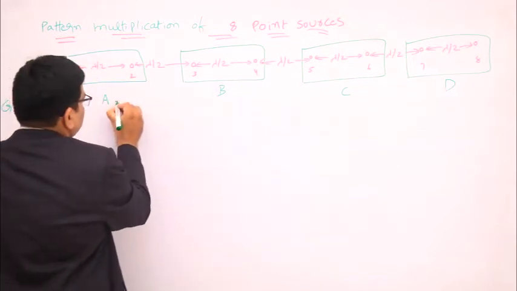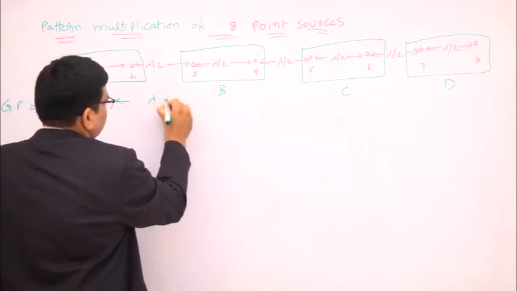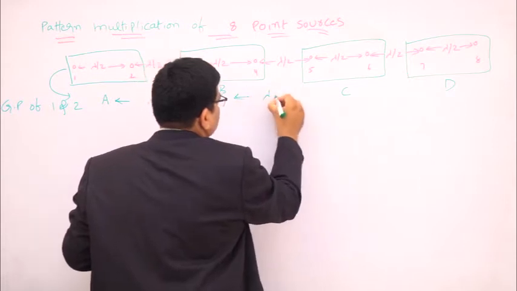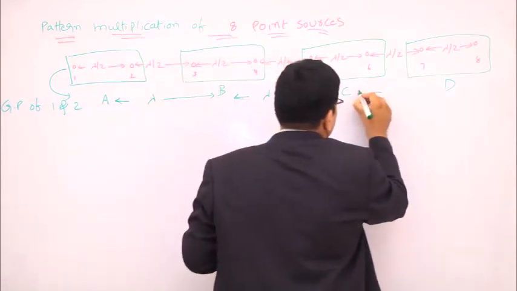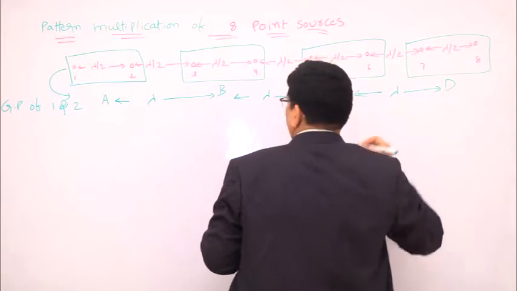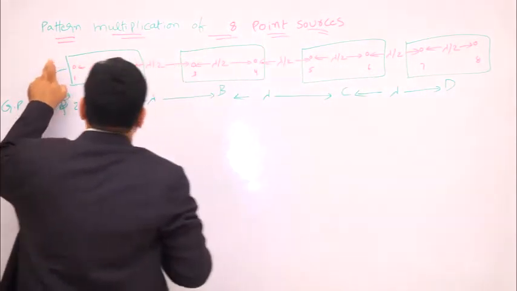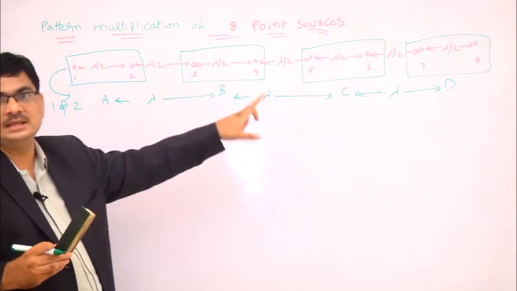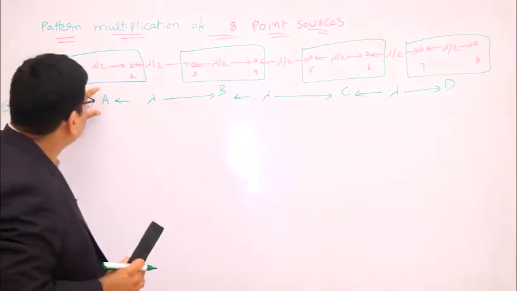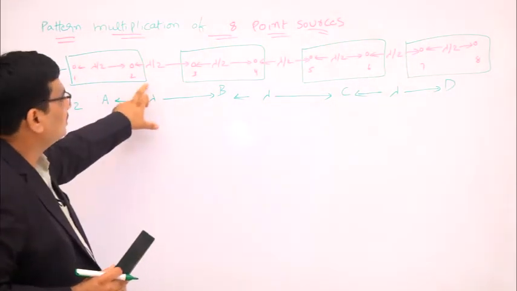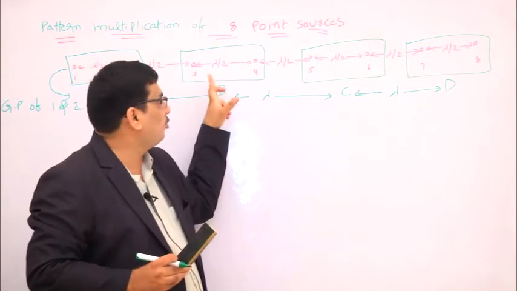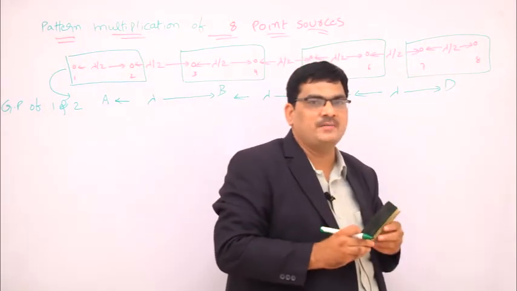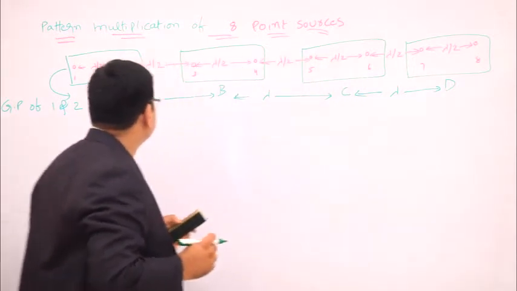Now the new separation between the elements, A to B is lambda, B to C is lambda, and C to D is lambda. So 8 elements can be made into 4 groups, that is A, B, C and D. A is the group of 1 and 2 elements, B is the group of 3 and 4 elements, C is the group of 5 and 6 elements, and D is the group of 7 and 8 elements.